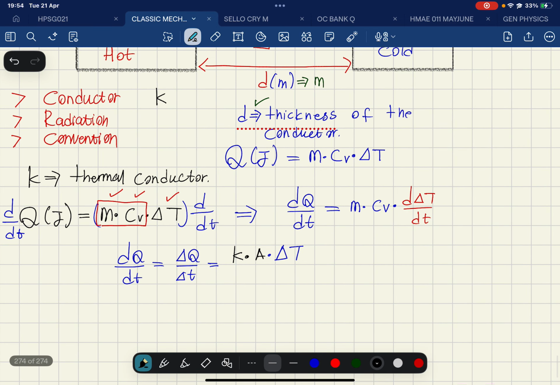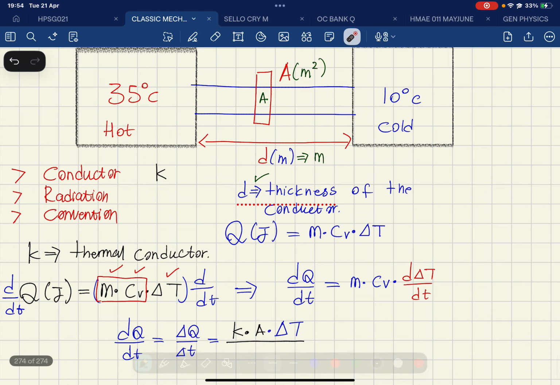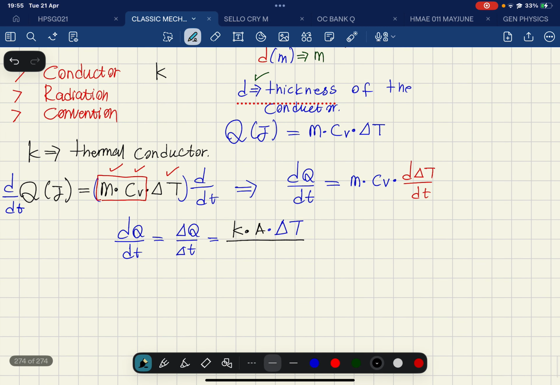The change in temperature, all divided by what? The thickness, or the distance traveled by the heat. Understand? So all divided by D. So you must know that formula by heart. Understand?